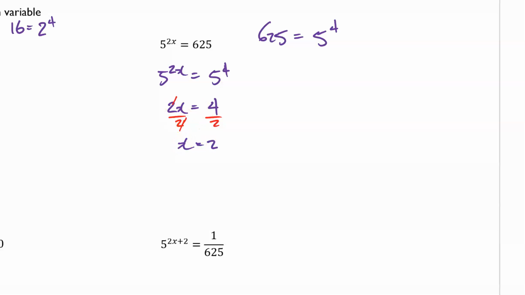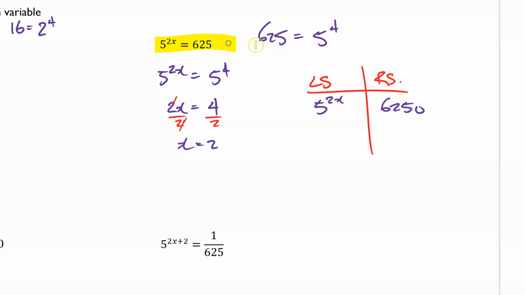Okay, so what does that check look like? Just for interest's sake, if you wanted to do a check on the left side and the right side, well, the left side is 5 to the exponent 2x, and the right side is 625. You just take the original equation and try the check right there. Okay, 625.